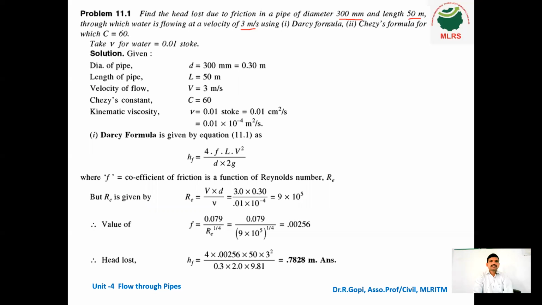As per Darcy's formula, what is the loss of head, and by Chezy's formula, what is the loss of head? So from both we have to calculate. Chezy's constant C is equal to 60. Take nu for water as 0.01 stoke.